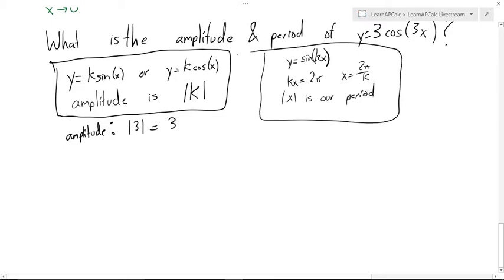Absolute value of x. And note that this does not apply to tan or arctan.